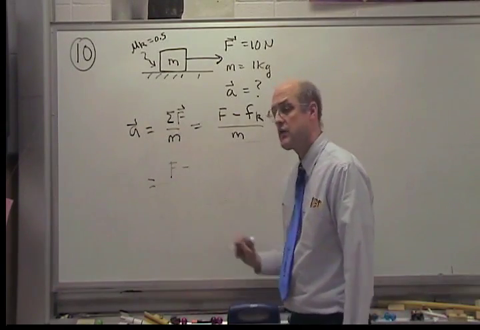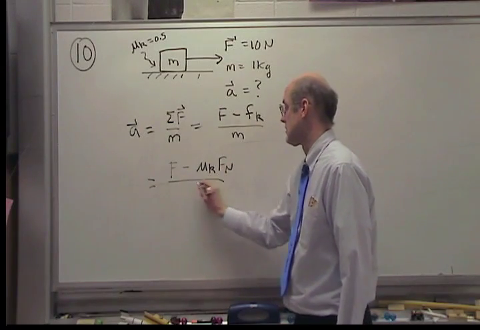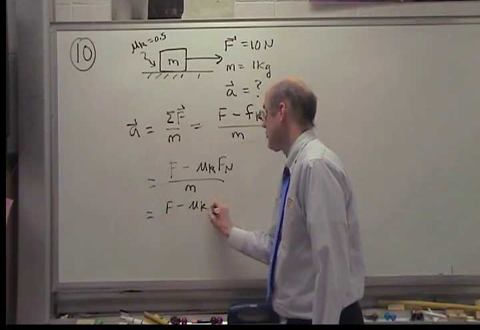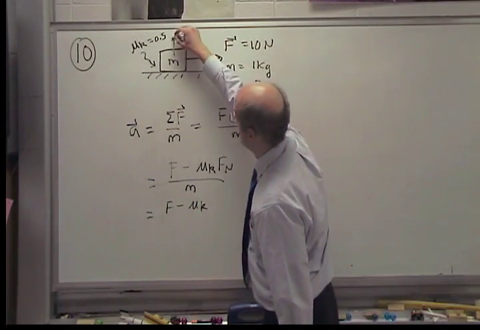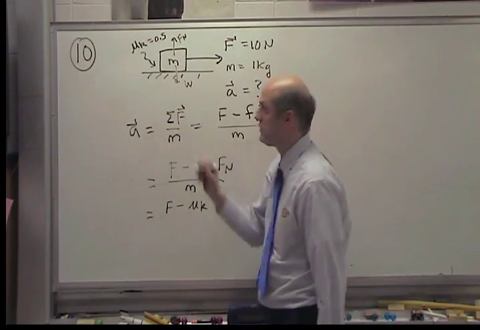Now the force of kinetic friction is equal to mu k times the normal force, where the normal force is equal to the weight in magnitude of the block.